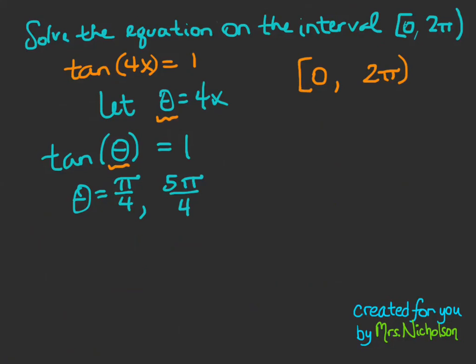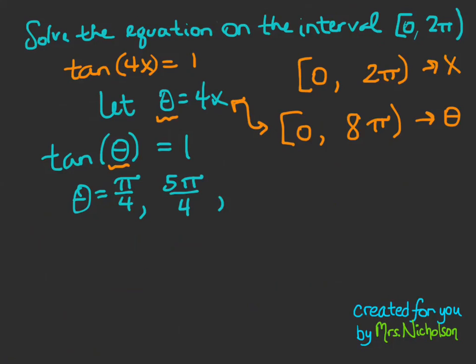So if this is my interval for x, then my interval for theta is going to be 0 to 8 pi, because theta is equal to 4 times x. And so what I have here, when I've got pi over 4 and 5 pi over 4, those are my solutions between 0 and 2 pi, but I need to get more solutions.